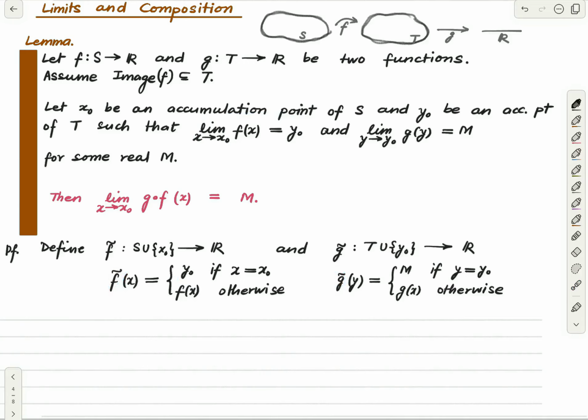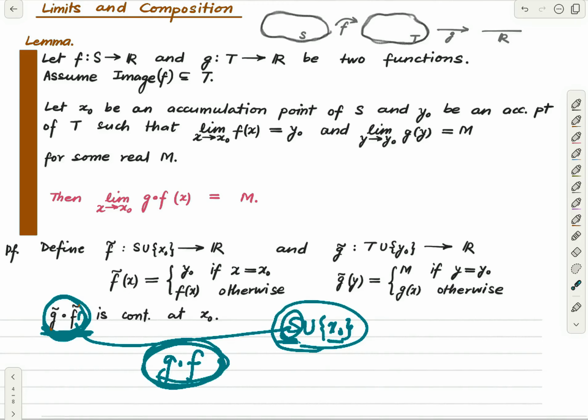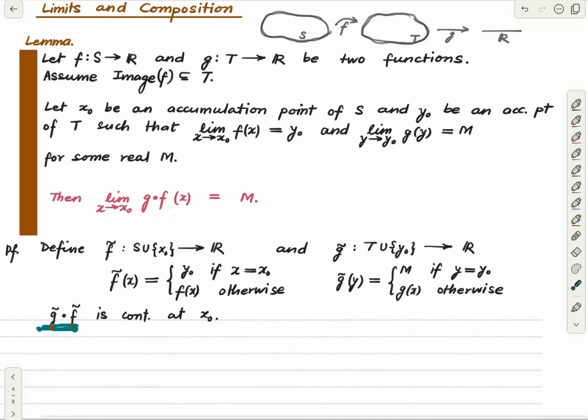Therefore, by what we learned from our study of continuity, we know that the composition is continuous at x naught. And this is a function on a possibly extended version of S, where this function extends the composite function. The value of this function at all points of S, except possibly at x naught, matches the original composite. And this happens to be continuous at x naught.